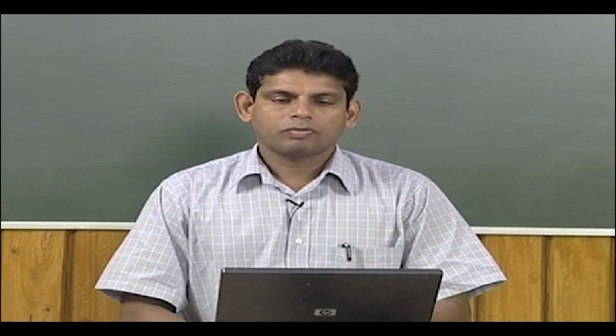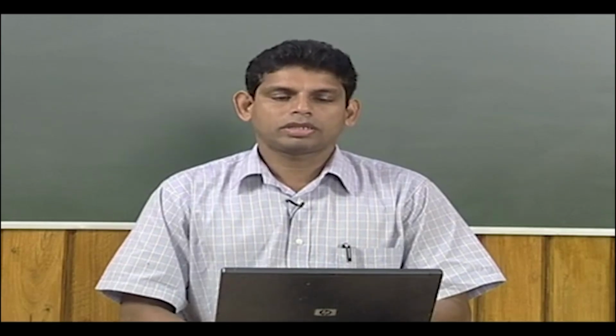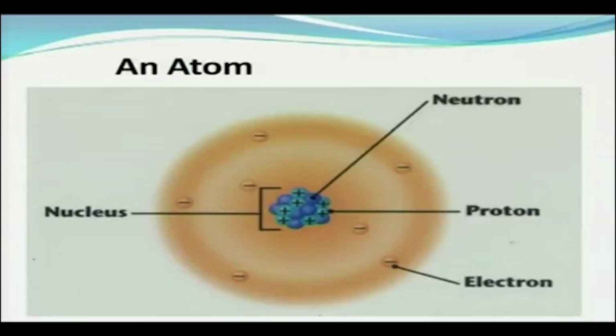Today we will look at the structure of the nucleus and try to understand some of its basic properties. You are all familiar with the structure of an atom. The modern picture of an atom tells us that there is a core called the nucleus, which contains all the positive charge and almost all the mass of the atom.